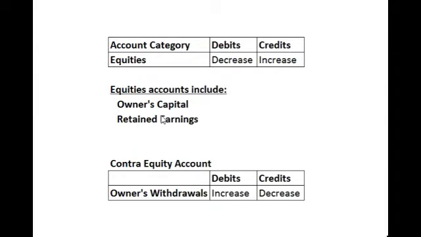So when the owner capital account goes up, for example, when an owner puts $100,000 into a business, then owner's capital will go up by $100,000, and we will increase that account by crediting it because it belongs to equity account. But then later, the owner decides to take out $40,000 out of $100,000 initial investment.